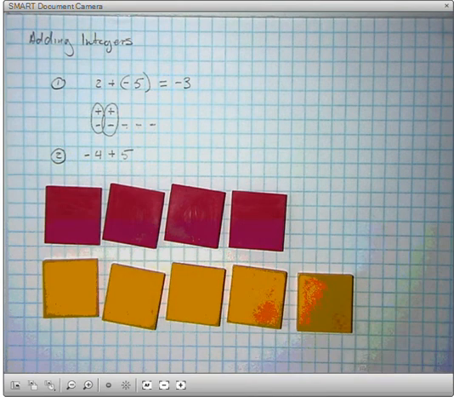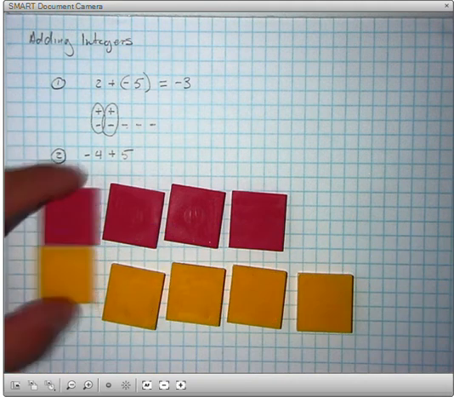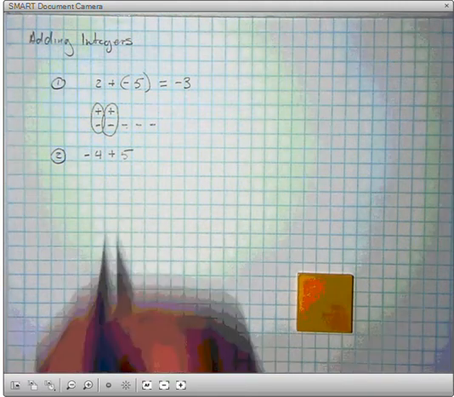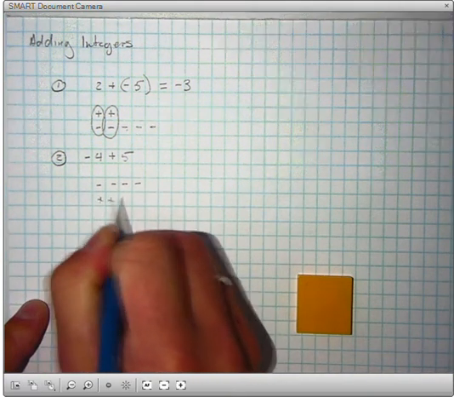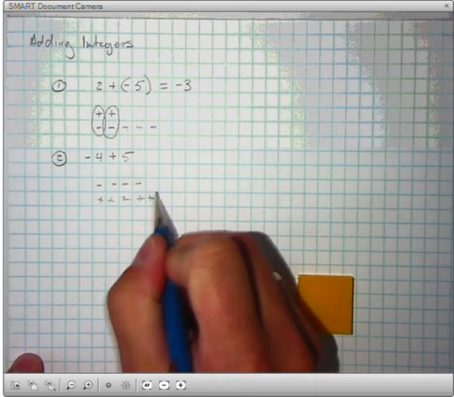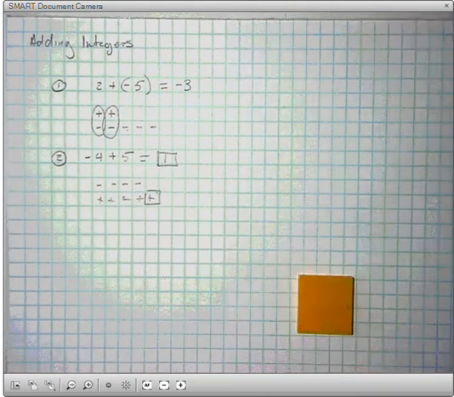How many 0 pairs do we have here? 4. We've got 1, 2, 3, 4. So when we had our 4 negatives and 5 positives, that leaves us with that 1 positive. So our answer here is just a positive 1.